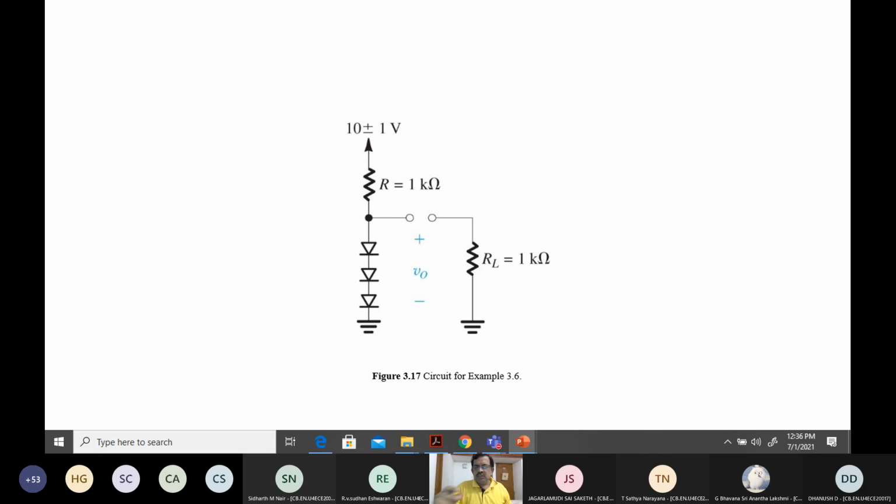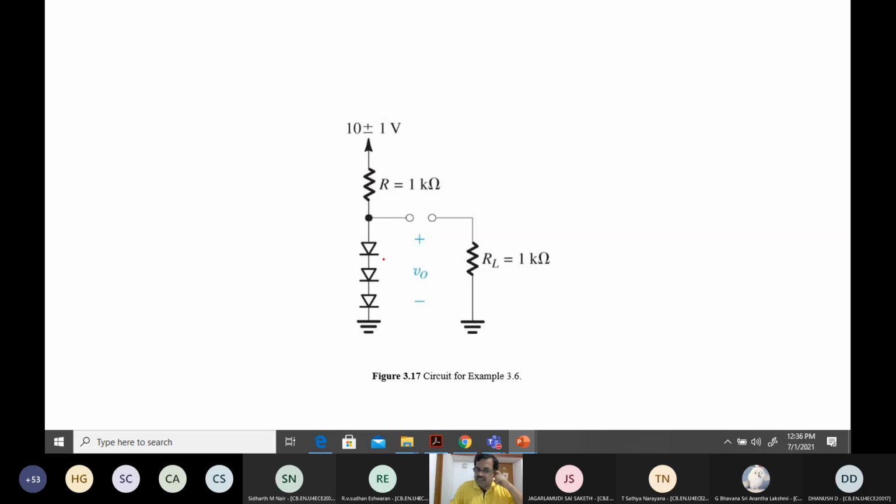So here is a voltage regulator constructed with the input being 10 volt, and the variation in the power supply is plus minus 1 volt. That is connected with a 1 kilo ohm series current limiting resistor, and then 3 diodes are in series.